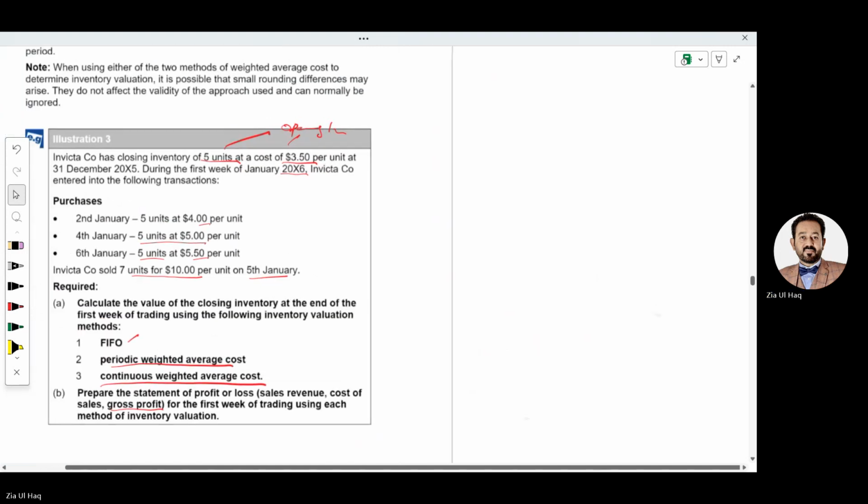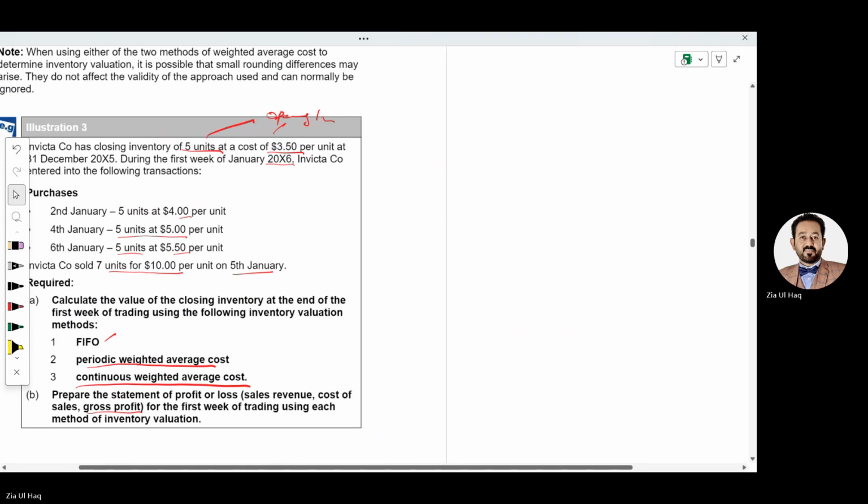Let's know. Continuous weighted average cost method.